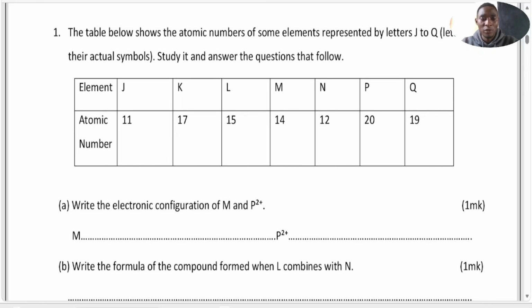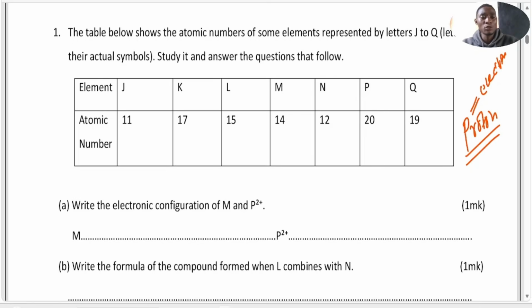Looking at the table that we are given, we need to understand that the atomic number of any element represents the number of protons for that given element or atom. This is also equivalent to the number of electrons of that given element.